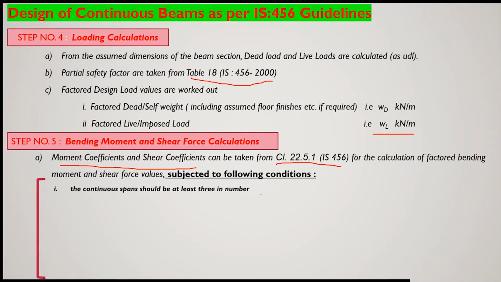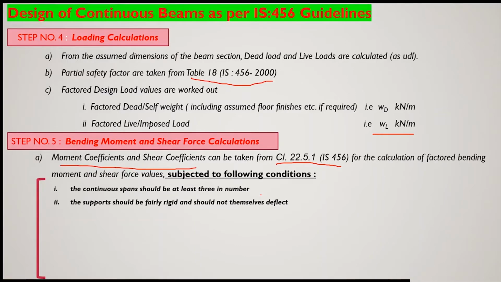then you can easily use these coefficients for the calculation of bending moment, and you can easily use this approximation method, which gives values very near to the values calculated with the help of indeterminate methods, that is the Kani method or moment distribution method.